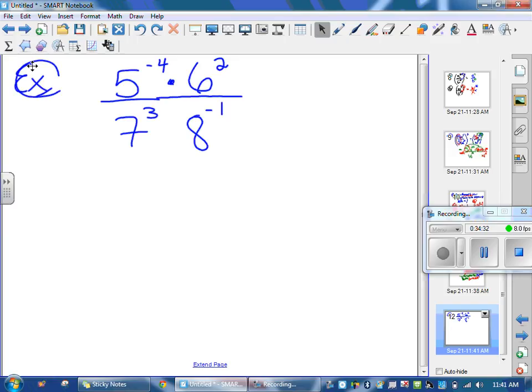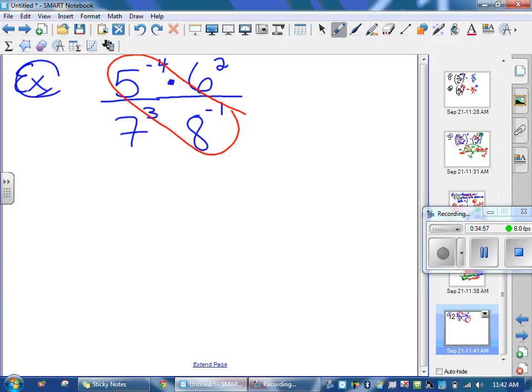Okay, there's my example. Does everything trade places top and bottom? No. Only the negatives. So the two I'm going to change, and they're going to trade places, are those two. And when they do, their exponents become positive.